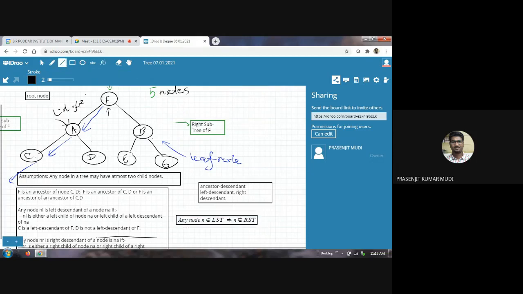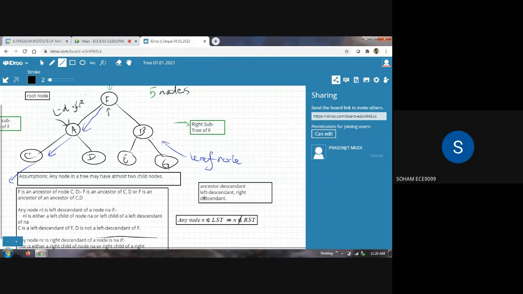This is absolutely satisfiable in case a data structure is a tree. This is one thing which is very important. Any nonlinear data structure is a tree if this condition is satisfied. Any node, if it belongs to a left subtree, should not belong to the right subtree.